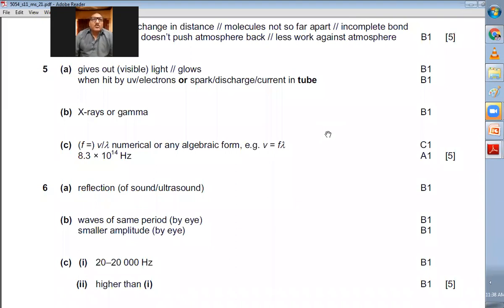Question number 5, B part, X-rays or gamma rays, and C part 8.3 × 10^14 hertz. That is the right answer. So our numerical is good and it's done. Remember this equation V equals F lambda, very famous, frequently tested in the exams of O-level physics. So let's move to the next question.